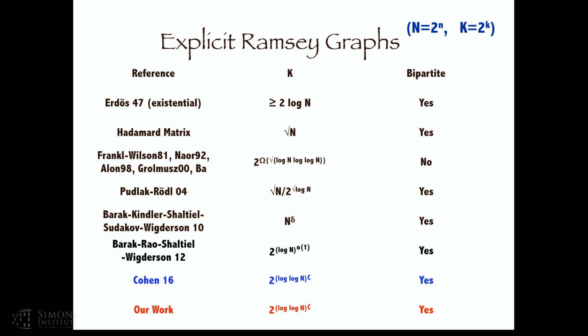And our work implies another exponential improvement, and it gets to 2 power (log n) power c for some constant c. So if c is 1, in fact, you get Erdős's probabilistic bound. And independent work of Gil Cohen on two-source dispersers also implies Ramsey graphs. So he independently achieved the same results on Ramsey graphs.